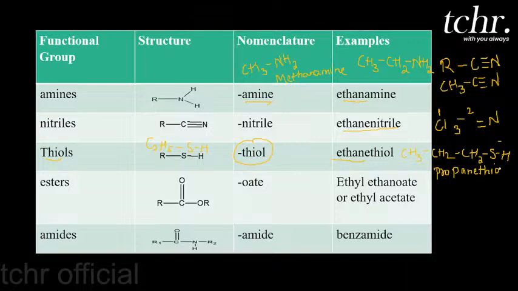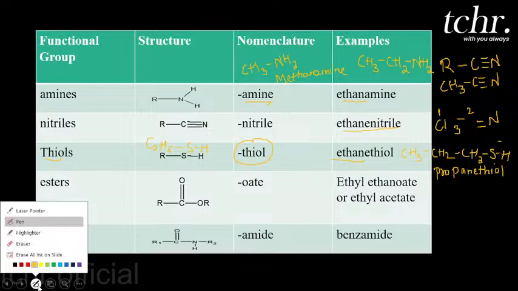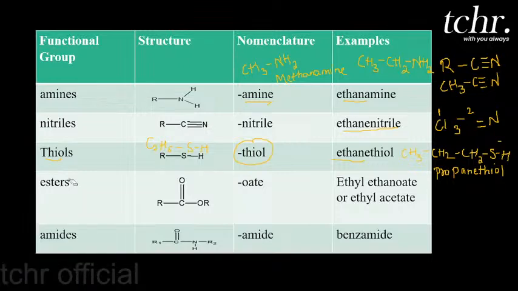Suffix I will add thiol. Propanethiol. Is that clear? Make a note of all the functional groups, students, and go through the general formula, the general representation, and what you have to add in the suffix part. Then it will be easy for you.